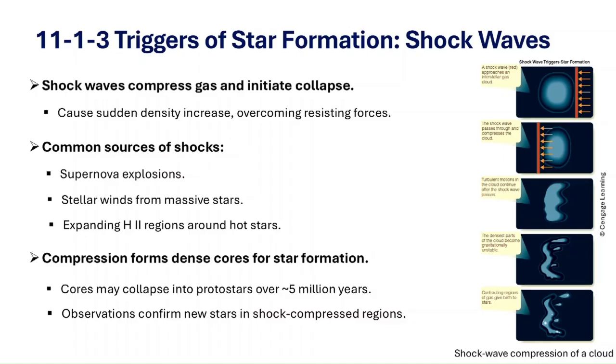How amazing is that, right? Now in here, the final bottom panel shows dense cores glowing inside the cloud, representing protostars forming after compression. So we can say that shock waves are a primary way clouds start forming stars.